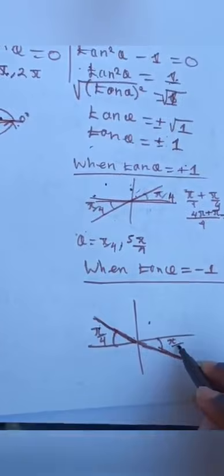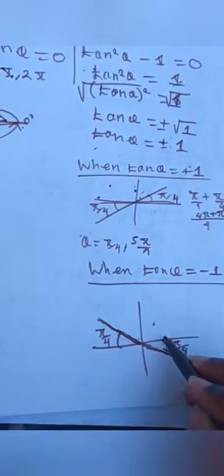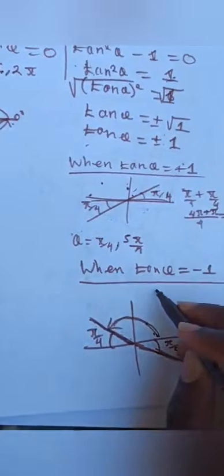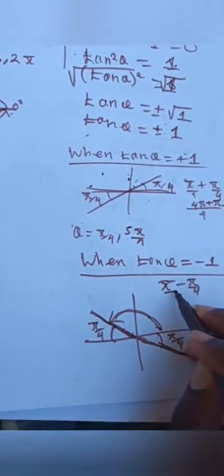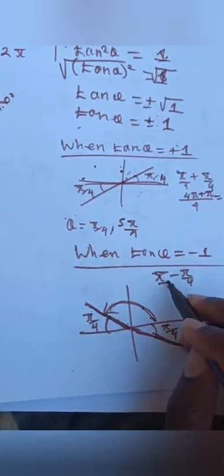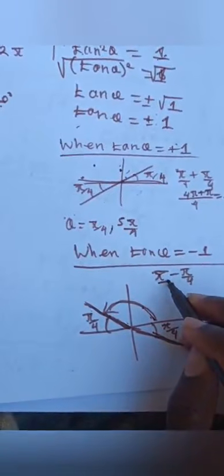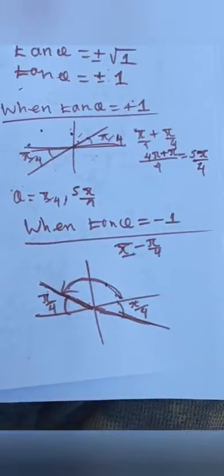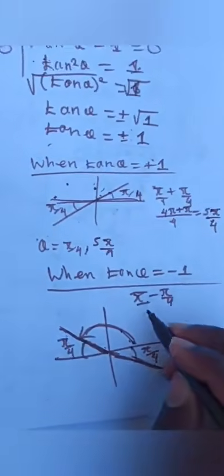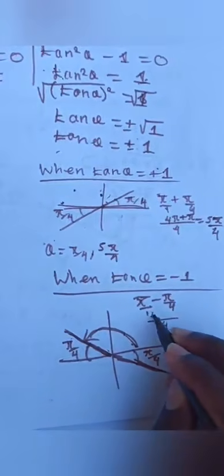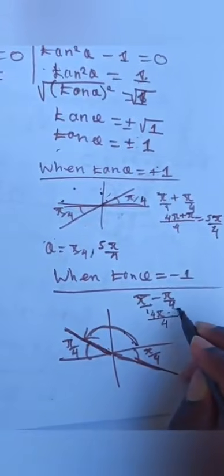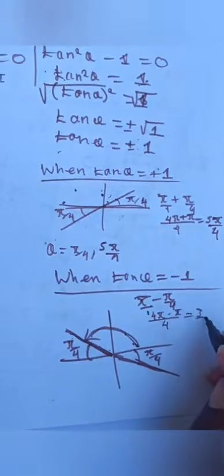The first value is going to be from here to here, that's pi minus pi over 4, which is 3 pi over 4.